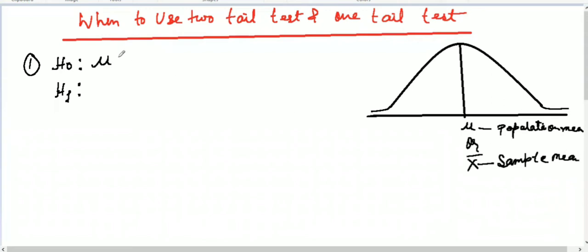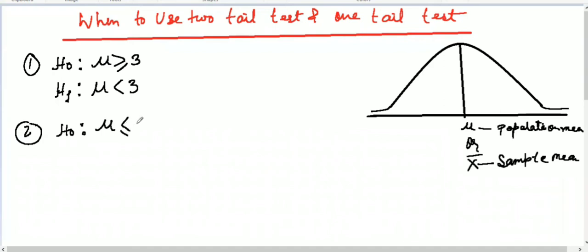So if H0 is mu greater than or equal to 3, the alternate hypothesis will be just the opposite, mu less than 3. And in another condition, if the null hypothesis H0 is mu less than or equal to 3, the alternate hypothesis will be just the opposite, mu greater than 3.